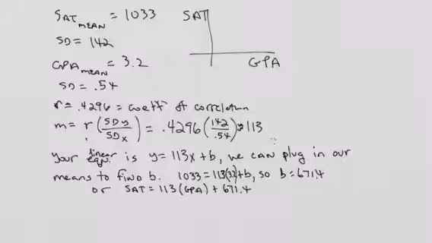So we have something that looks like this if we cared, where our y-intercept is 671.4, and the slope of this line is about 113. So for every one point increase in GPA, our SAT score goes up by 113 points.